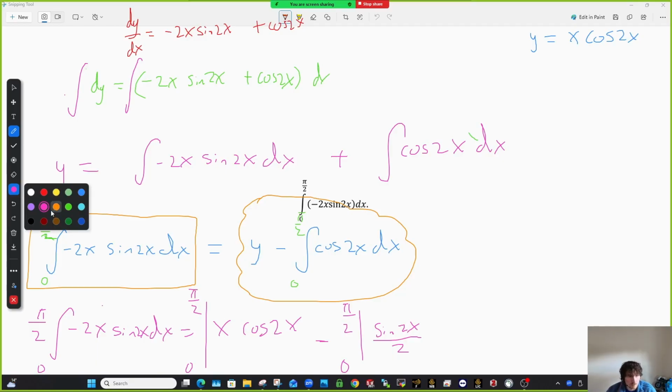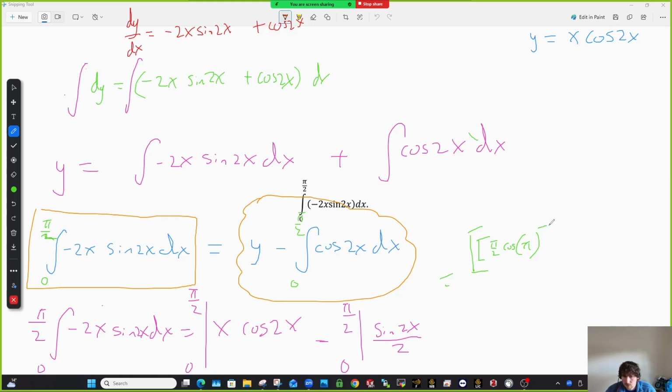I'm really out of room here, so I'm just going to say that this equals, and this is the next part over here. I'd normally drop down and do it underneath. So this equals, you put it in square brackets. We have putting pi over 2 in here, so this is pi over 2 cos pi, because pi over 2 times 2 is pi.